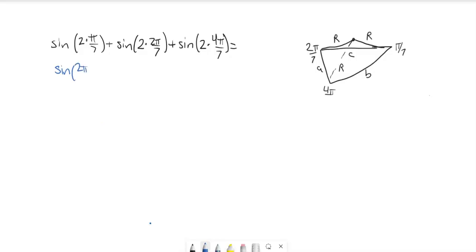So we'll get the sine of 2 pi over 7 plus the sine of 4 pi over 7 plus the sine of 8 pi over 7. Now, the difference here is that for sine of 8 pi over 7, we have an angle that is greater than pi radians. 8 pi over 7 is in fact pi over 7 radians more than pi itself.